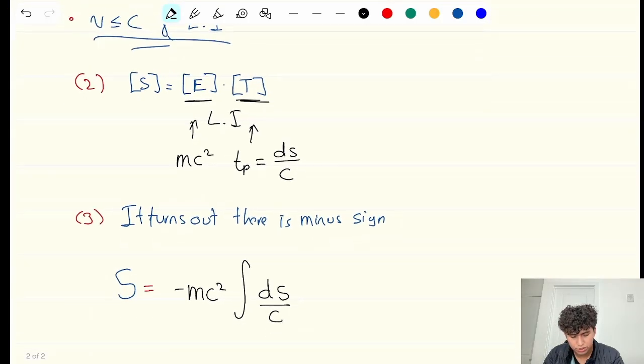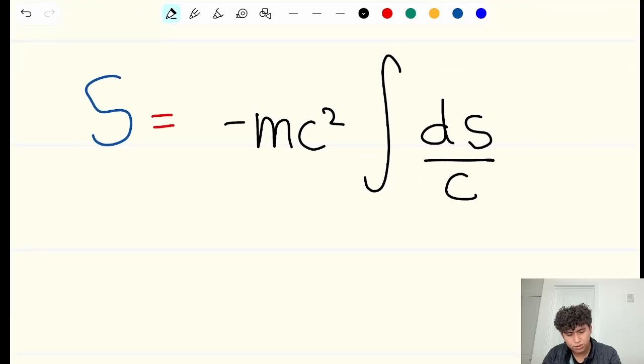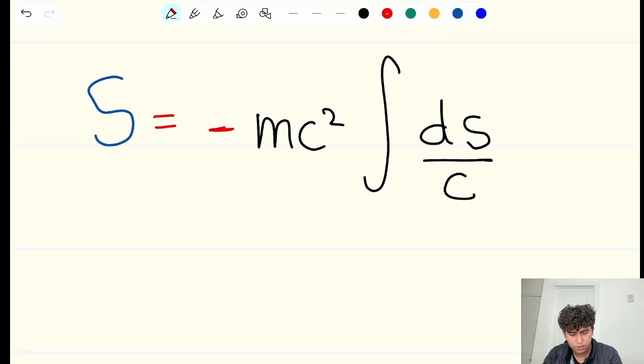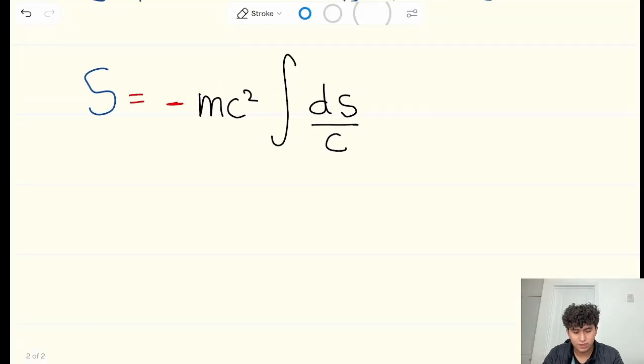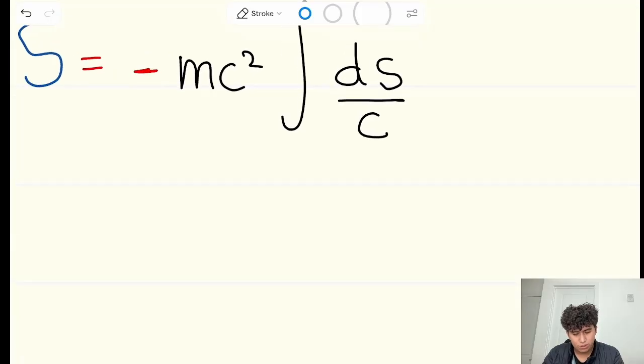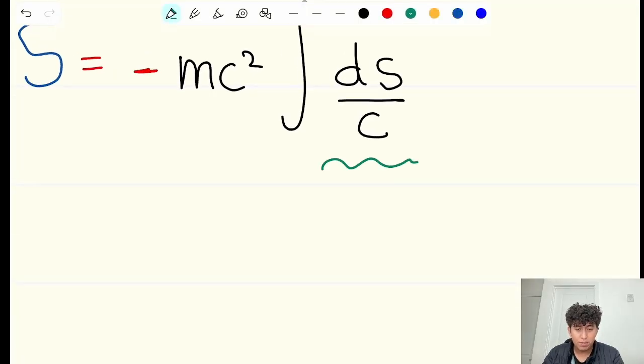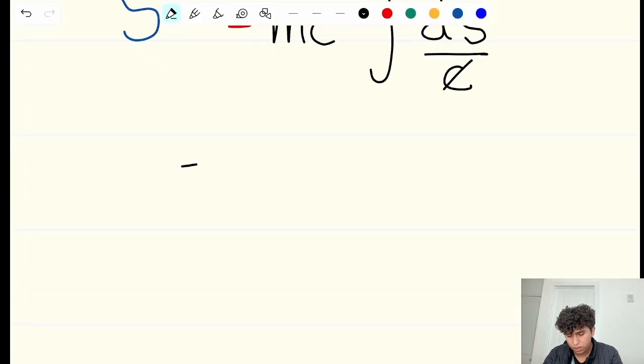That's just for units to work out. And as I told you, there's a minus sign here in front. Okay, so we replace this here. In the notes I realized this factor c should be included. I didn't put it in the notes, just so these two cancel, so that we get the following, mc.